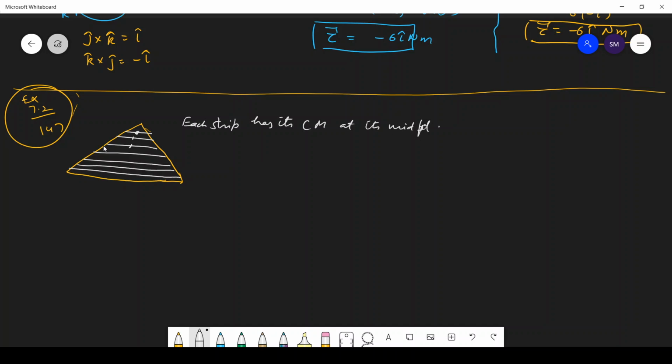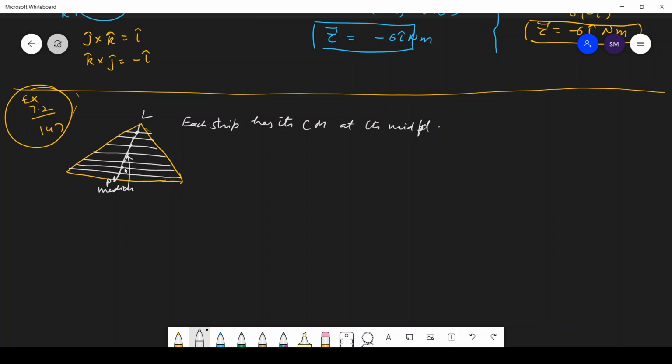Now if we join the midpoints of all the strips, what do we get? We get a median. So the center of mass of the whole triangle is definitely going to lie on this median LP.